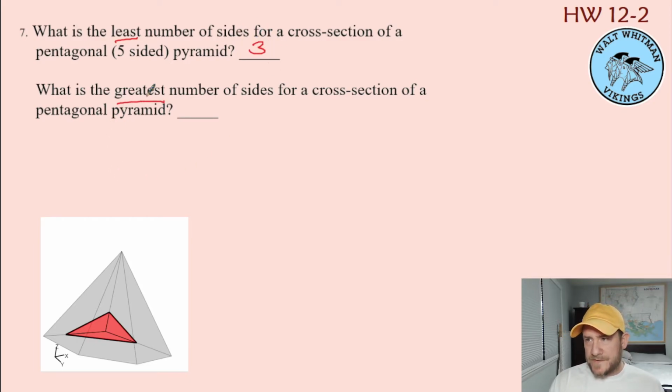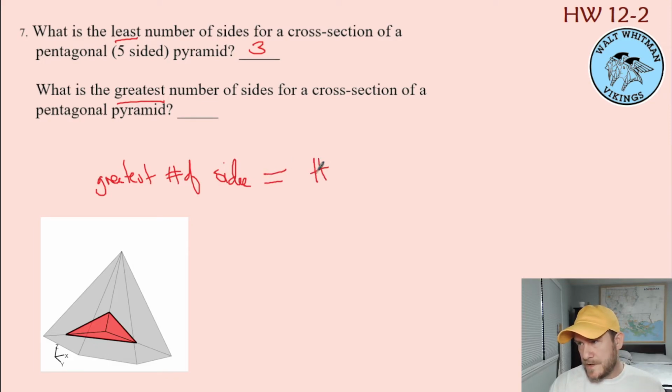Now the greatest number of sides is a more interesting question, because we said the greatest number of sides is always going to be equal to the number of faces. And you can always figure out the number of faces that your solid has, especially with a pyramid.